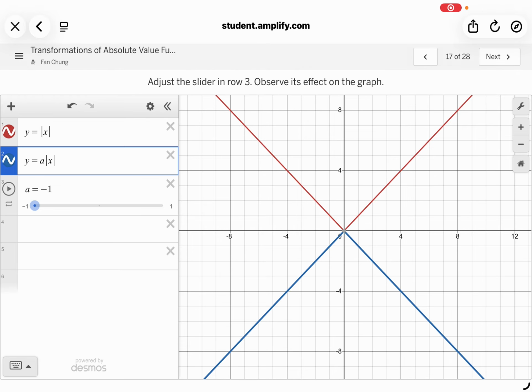Does the location of the vertex change? No. So there's a really silly way to think about that. If you're standing here and you put your arms up in a V, your head's the vertex, right? If I make it negative, does my head move? No. Okay? If I'm standing here and I go left 3, did my head move?